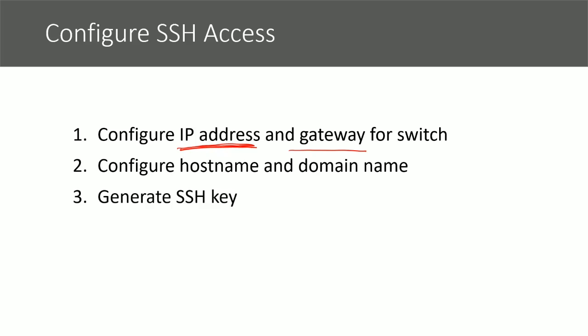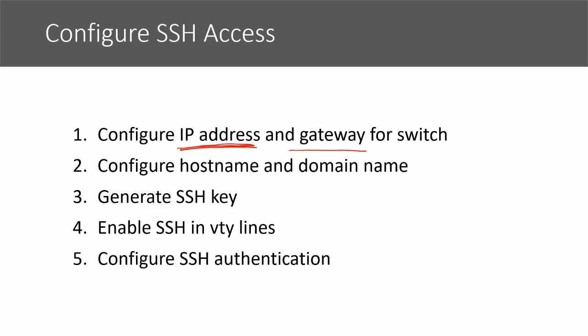Once we configure them, we will be ready to generate the SSH key, which is the third step. After generating the SSH key, we are ready to enable SSH in the VTY lines, and this is step number 4. And before being able to access the switch by SSH, we should configure SSH authentication.